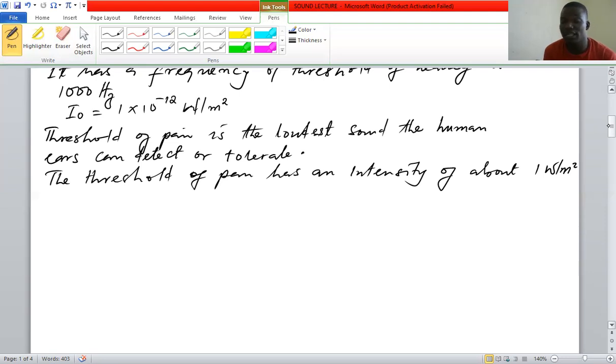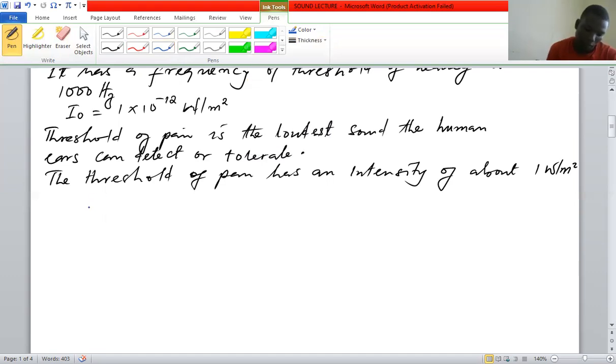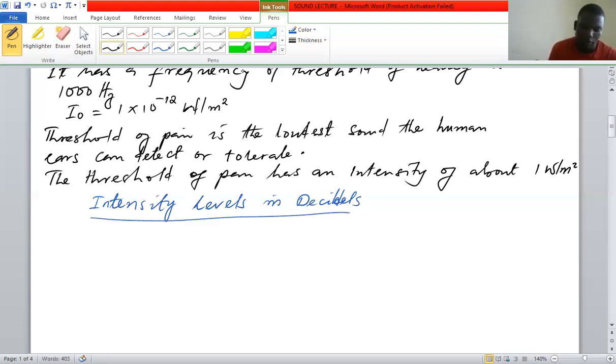You can detect the intensity level of sound, and it's done in decibels.